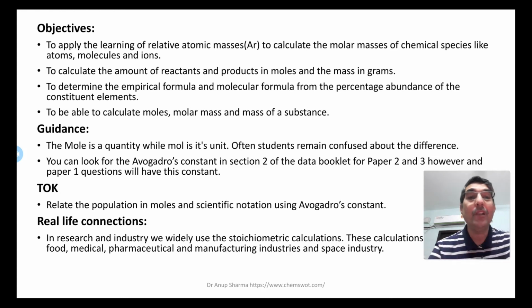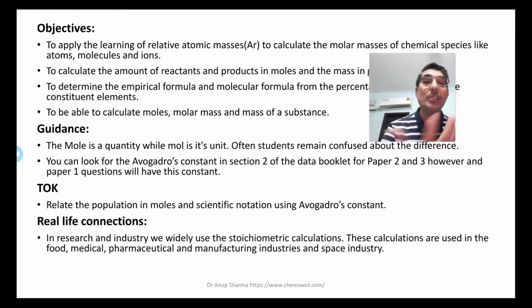The real life connections for this subtopic: in research and industry, we widely use stoichiometric calculations. These calculations are used in food, medical, pharmaceutical, manufacturing, and then the space industry. So in various parts of our life or in industry, you can use this subtopic in terms of moles or masses or percentage abundance or something like that.